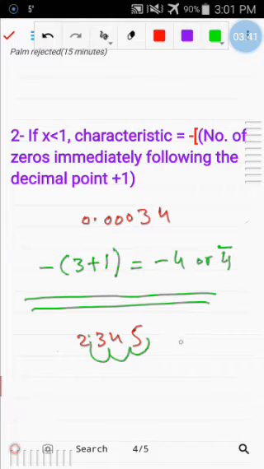So the characteristic of this number is equal to 1, 2, 3. We move the decimal point 3 places, so the characteristic of this number is 3. When we move the decimal point to the left side, its sign will be positive, and if we move the decimal point to the right side, its sign will be negative.